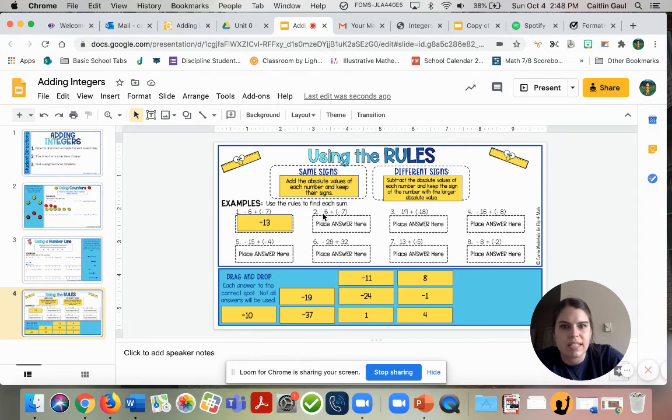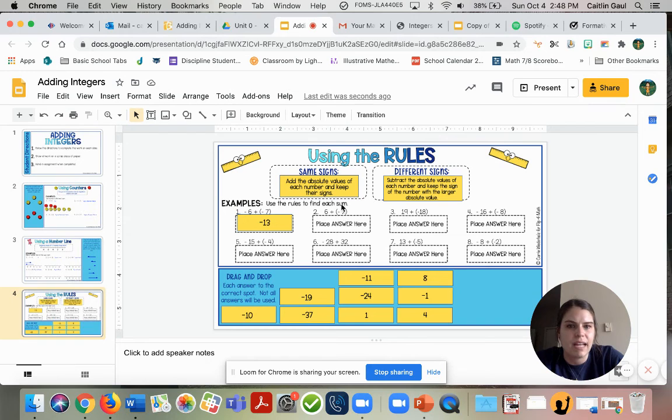So if I'm looking at 6 and -7, you take whatever one is bigger, whatever number without a sign is bigger. In this case, that's 7. And we subtract. 7 minus 6 is 1. So my answer is going to be 1, but is it going to be +1 or -1? Well, it says to keep the sign of the number with the larger absolute value.